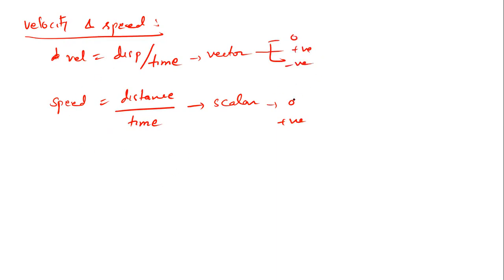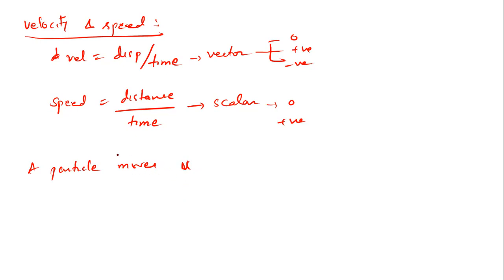Now let us look at the implications. When a particle moves, and if you ask me after a certain interval of time what is its velocity, I can answer in terms of 4 parameters. The first parameter is the initial velocity.